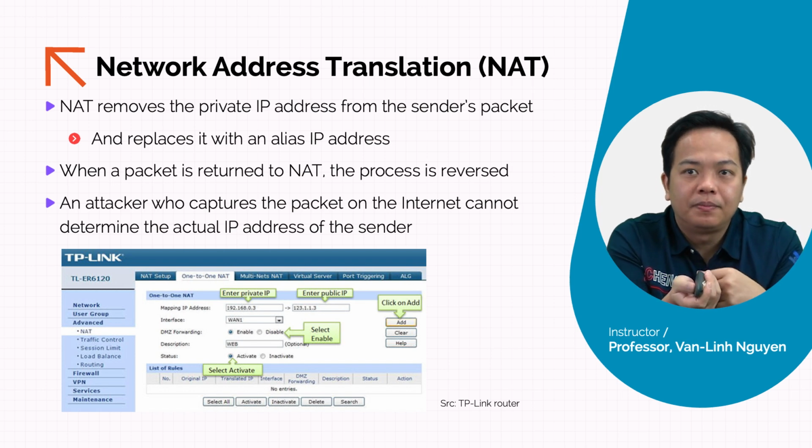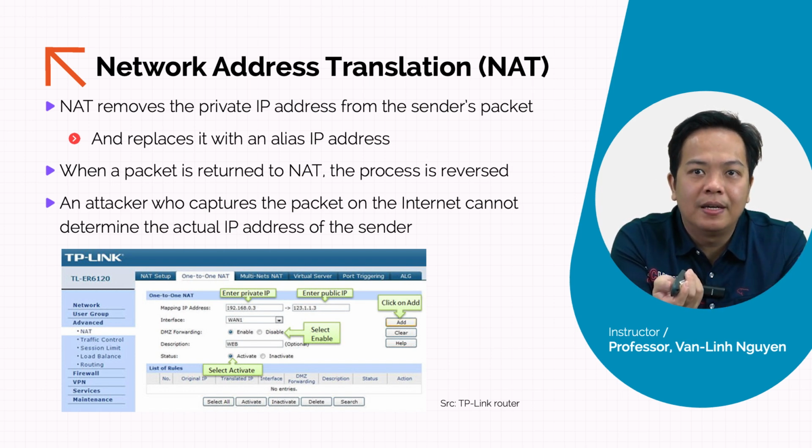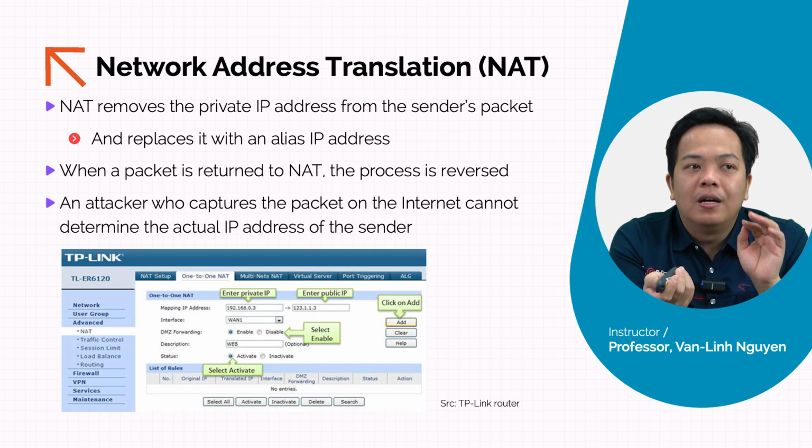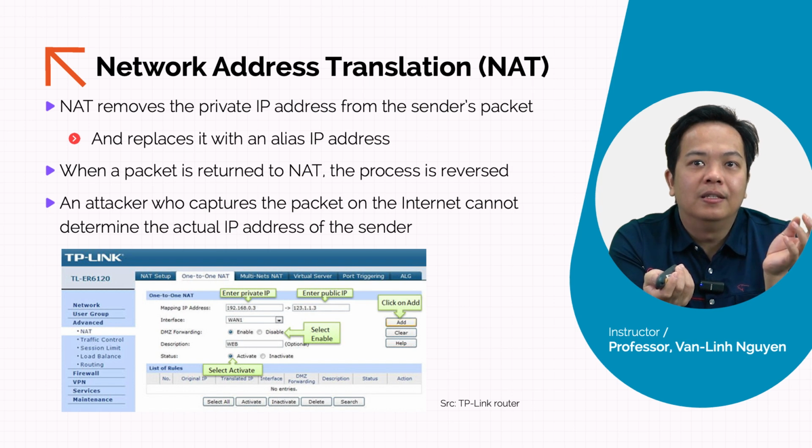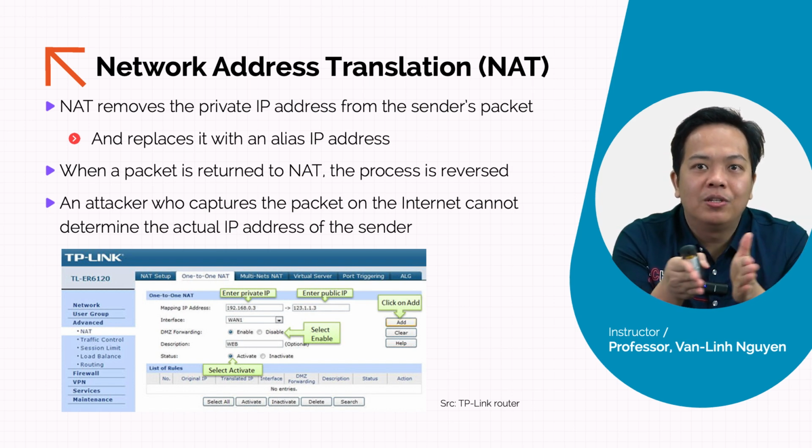The public router replaces that private IP with the public IP, and now you can access the server from the outside. So network address translation does two things: it allows outside users to access the server, and outside users do not know the real IP of the server.